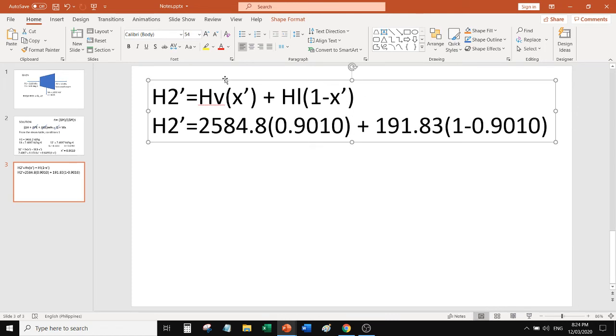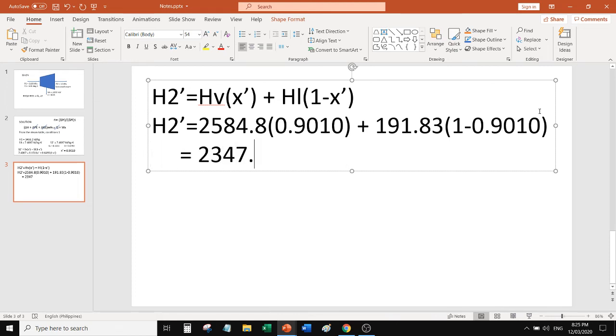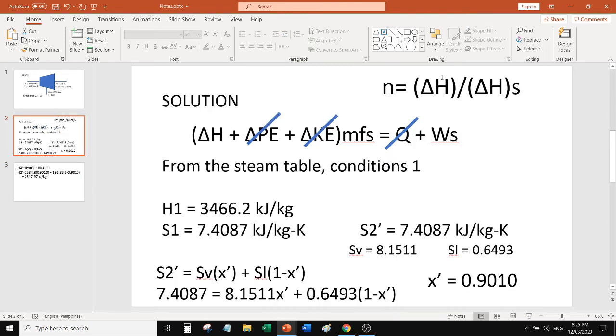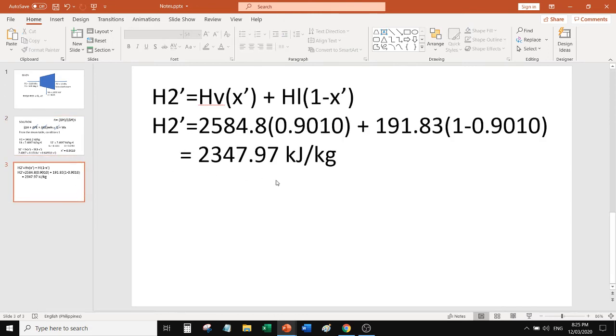Okay. So, masusolve mo na si H2 prime. H2 prime is 2347.98 kilojoules per kilogram. Okay? Yan. So, dyan na natin magagamit itong equation na to. Sige. So, paano?